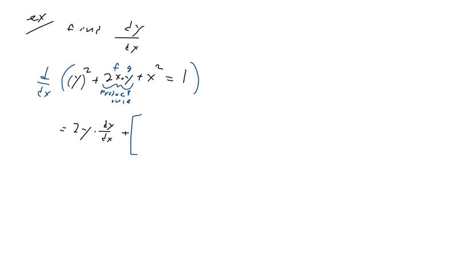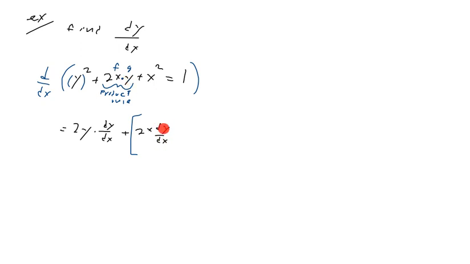Okay, let's put this in use here. The first times the derivative of the second. That's easy: 2x dy/dx. The first stays the same, and the derivative of y is dy/dx.